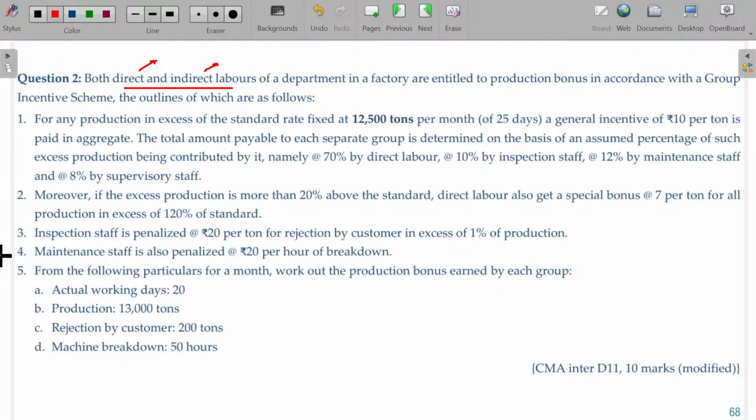If the output is increasing, we can easily link it to the direct laborer, but we cannot automatically link it with the indirect laborers. So the indirect laborers would lose such incentive benefits because of non-measuring ability. In this illustration, designed in such a way, direct labor will get the incentive, and indirect labor will also get some contribution from that. So we are going to discuss that illustration here.